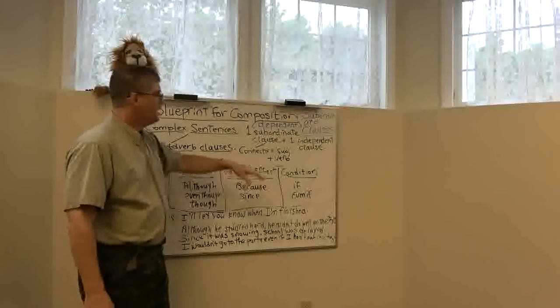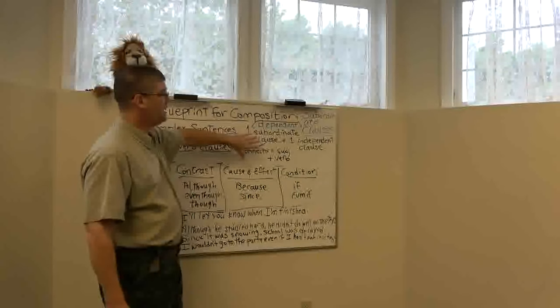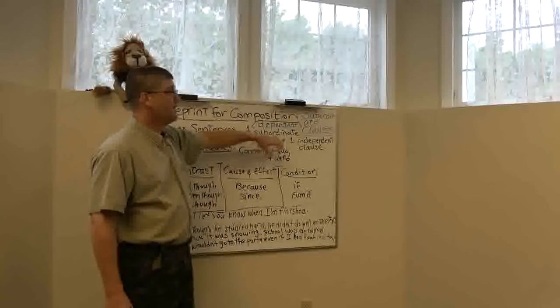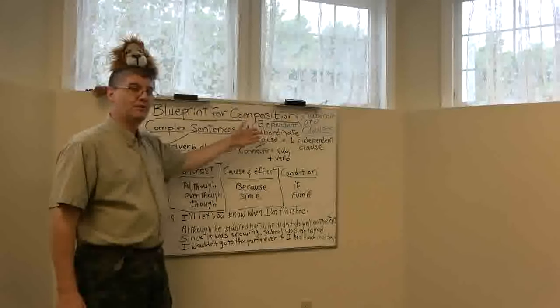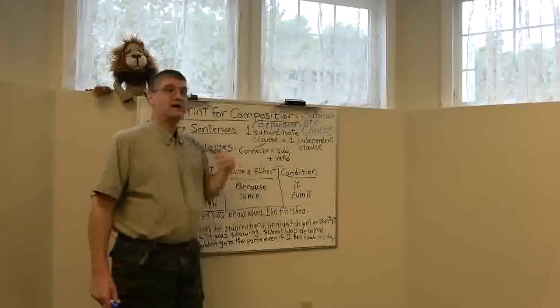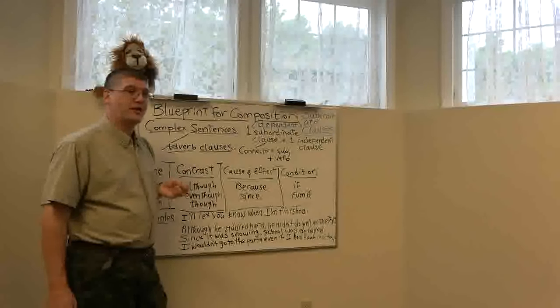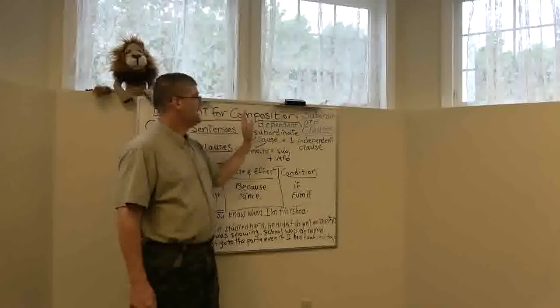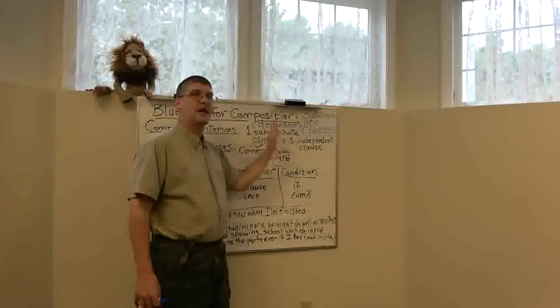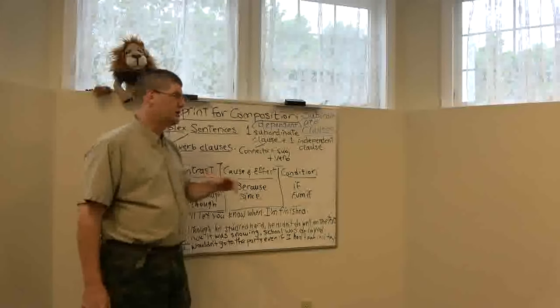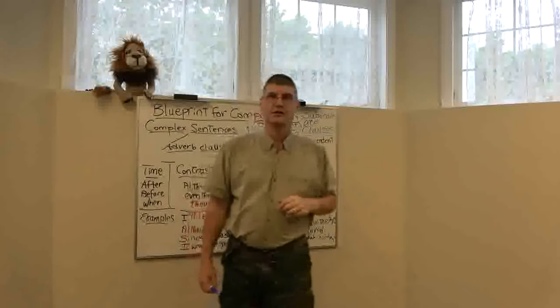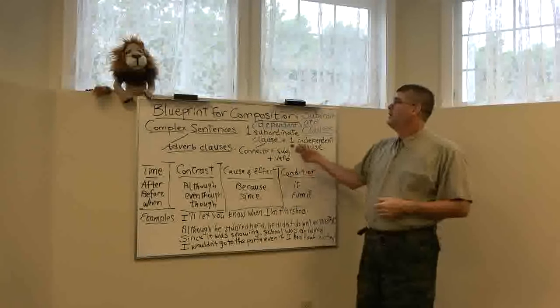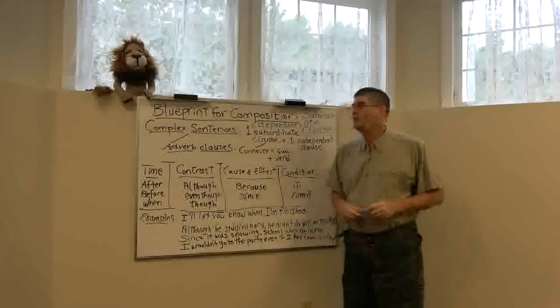In other words, you cannot separate out the subordinate clause from the independent clause as a separate sentence. In doing that, you would create what is known as a sentence fragment. So, one more time, the subordinate clause is necessarily attached to the independent clause to form the complex sentence. Okay? We talked about that in the previous video.